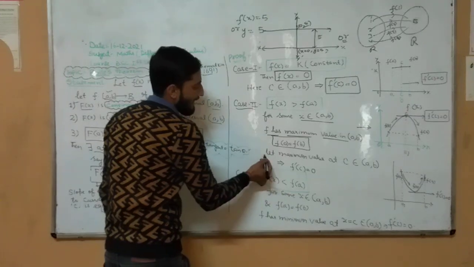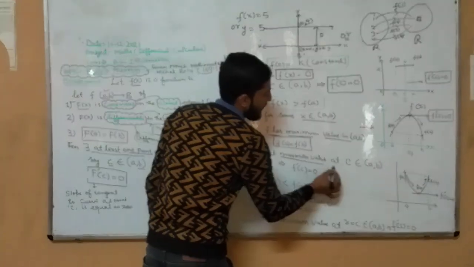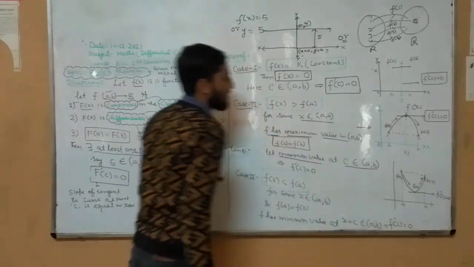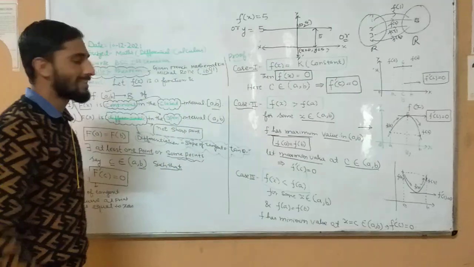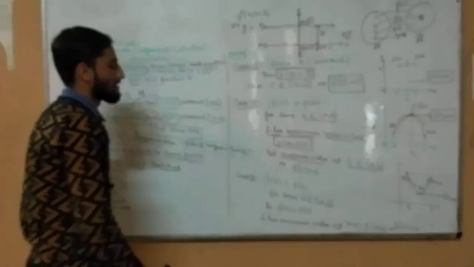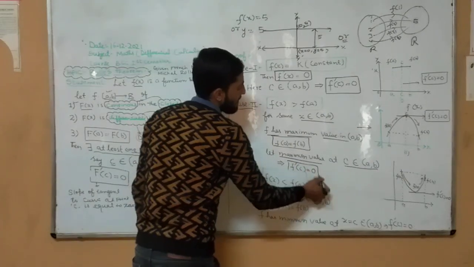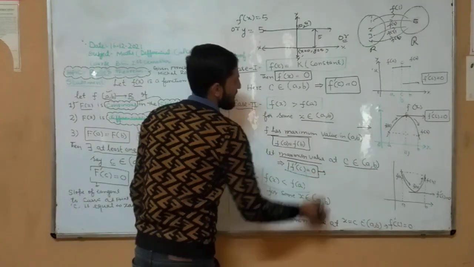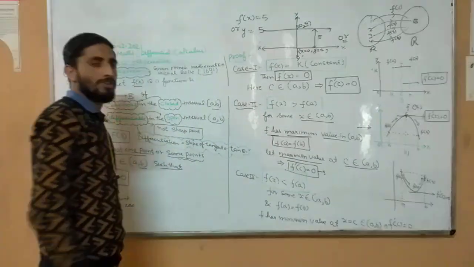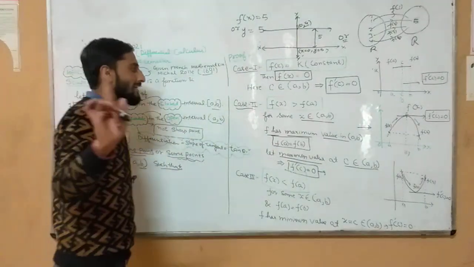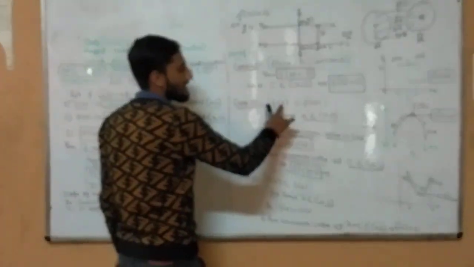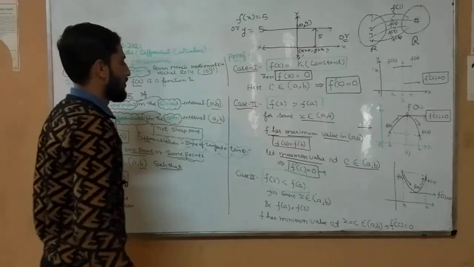So let the maximum value be at C, which belongs to the open interval (a, b), excluding a and b. Remember this, in the open interval f'(c) is equal to 0. This is the value we get when the function is greater than f(a).